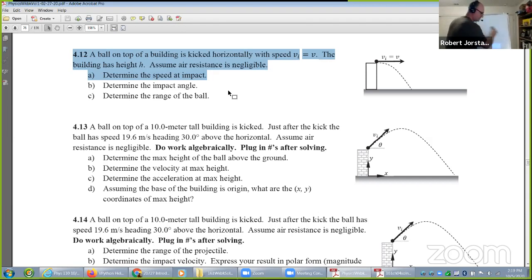4.12, page 74. Looks like we got some kind of a building here. Some kind of a projectile here.